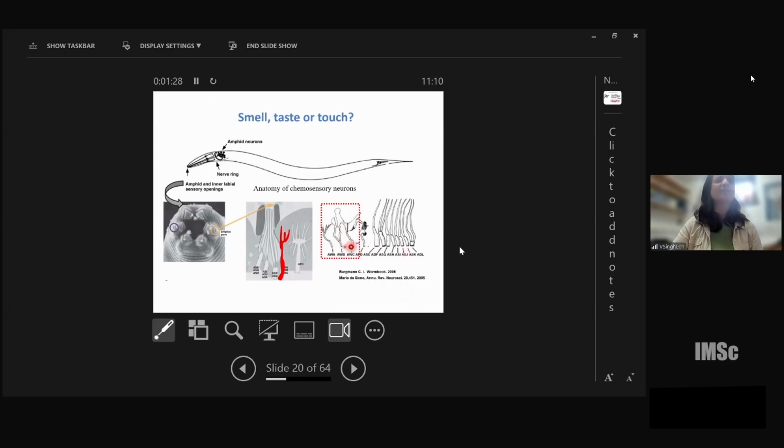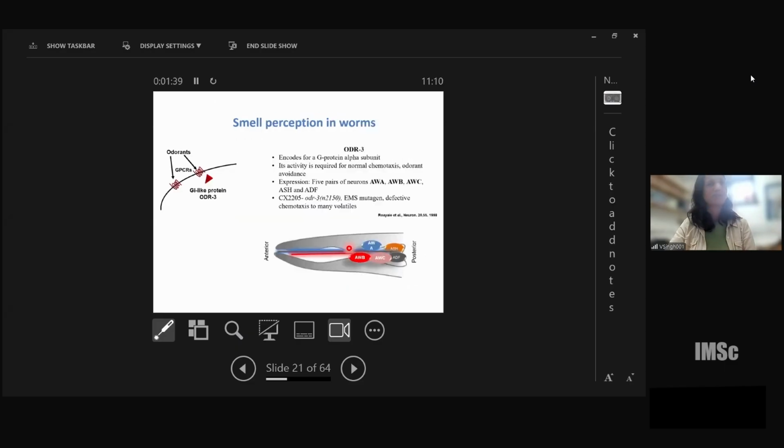And Deep was able to ablate all of them by a method called cell killing. And then he found that only when these 3 were not allowed to function, worms did not respond to Pseudomonas. So they couldn't walk away from Pseudomonas if these neurons, which are shown here, were ablated, killed by a method called laser ablation or genetic ablation.